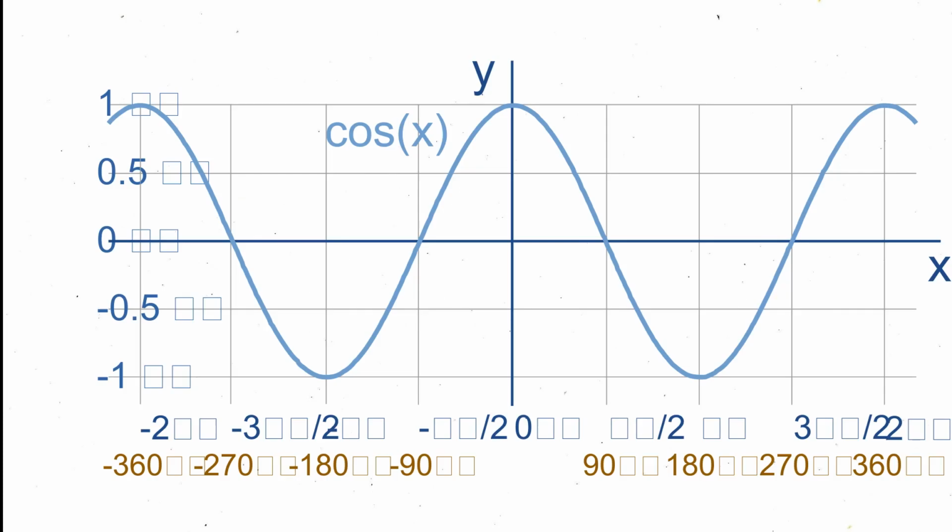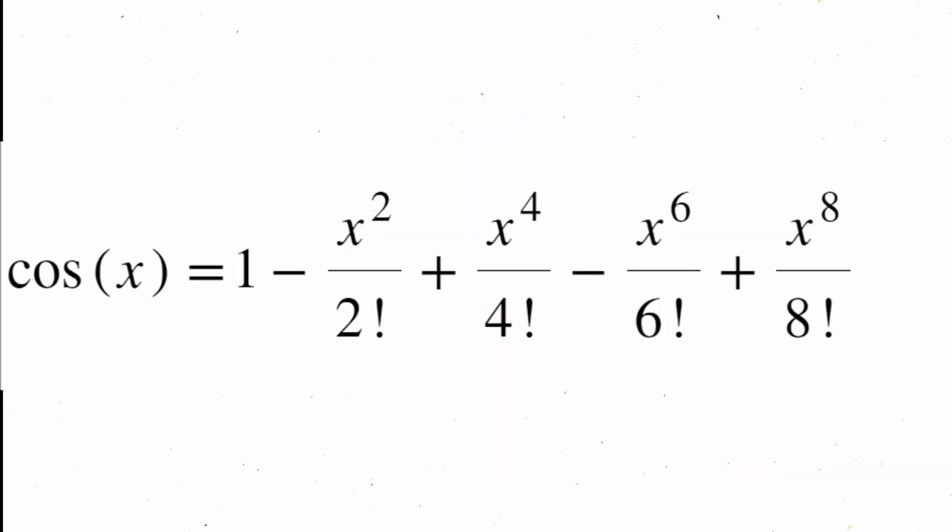In the same way, cos x can also be expressed in terms of a series, whereby cos x is equal to 1 minus x squared all over 2 factorial plus x raised to power 4 all over 4 factorial minus x raised to power 6 all over 6 factorial plus x raised to power 8 all over 8 factorial.